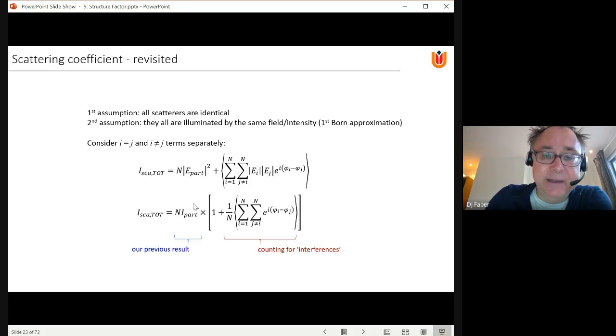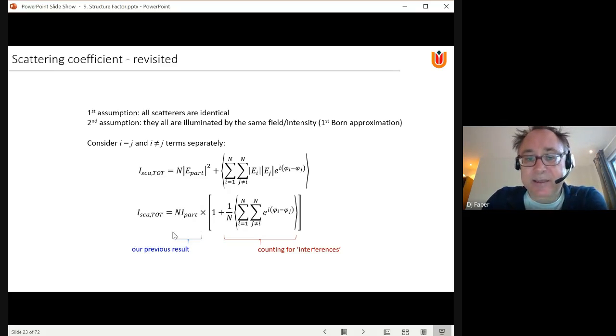So we still have n times the scattered intensity from the particles. Here we would have the intensity outside of the sum, because that would be an equal intensity since the particles were equal. If we divide this by the number of particles, then we can bring that even before the brackets.